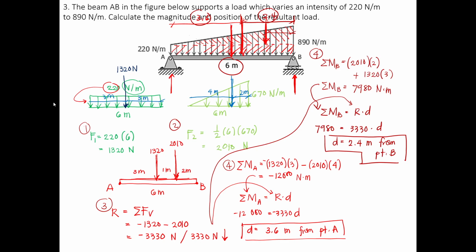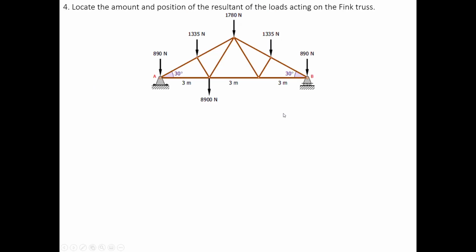Okay, so let's proceed with the next example. So the next example is this one. Let's go to the truss. Again, neglecting first the reaction forces of your pin and roller. We'll get onto that in the later topics. What we're after is just the magnitude and the position of the resultant force.